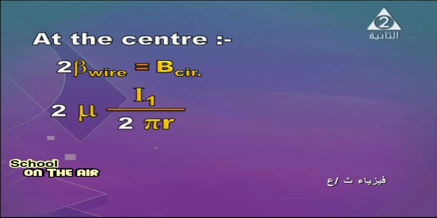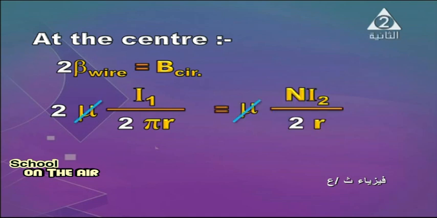Now, 2 multiplied by mu I1 over 2 pi d, where I1 is the current flowing in each straight wire and d in this case is the radius, is equal and opposite to the field produced by the circular coil. The field of the circular coil is mu N I2 over 2R.